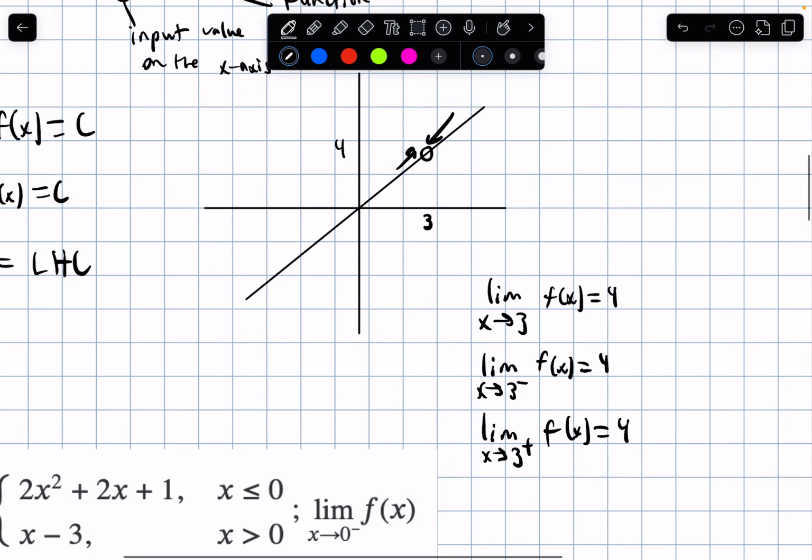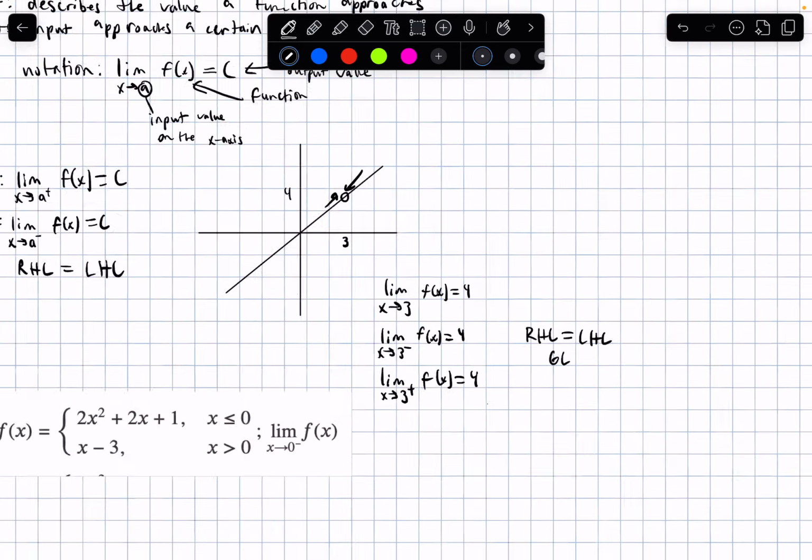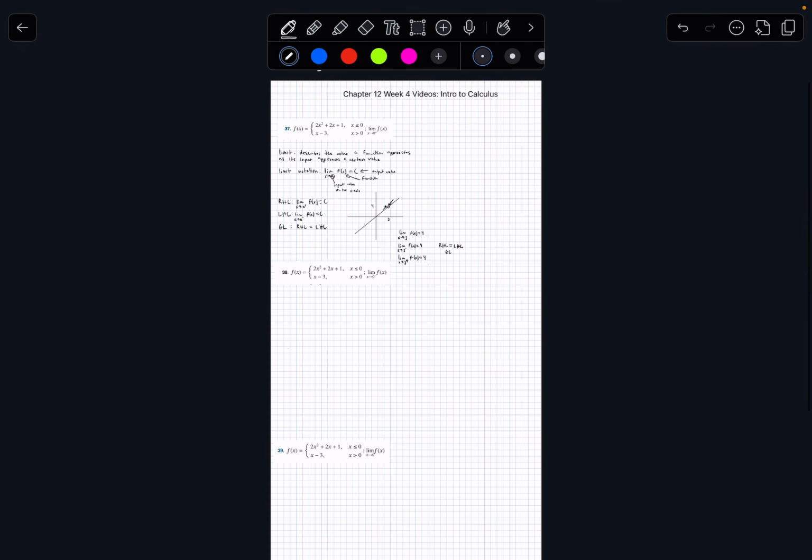So this confirms that when the right-hand limit and the left-hand limit are equal, there will be a general limit at the f of x value where they're equal. Understanding all this information, we can get started with the problem now.